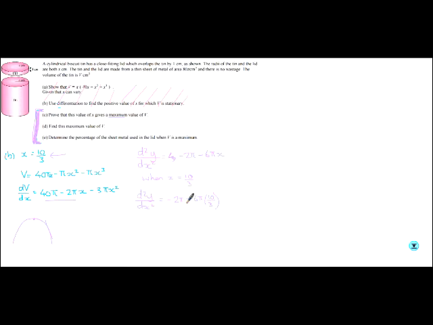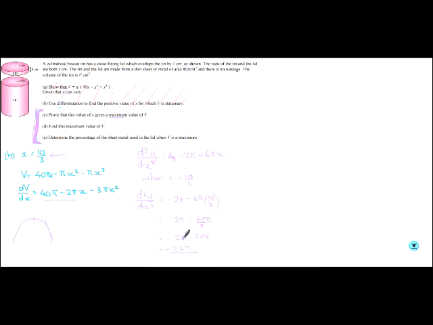I could probably get rid of these pi's, because when it was equal to 0 I could just cancel those out, but I'm just going to leave them in. It's no big deal. So that's minus 2 pi and minus 60 pi over 3. So that's the same as minus 2 pi take away 20 pi, which is minus 22 pi.